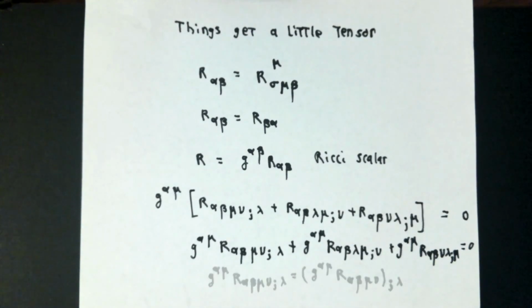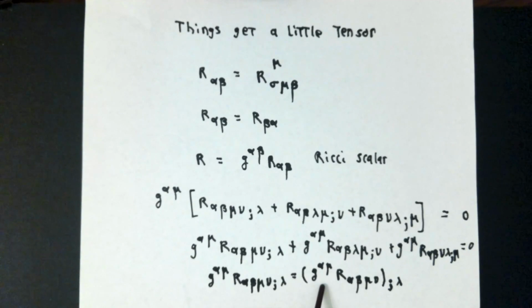but I haven't. Strictly speaking, this covariant derivative component should be G alpha mu times R alpha beta mu nu semicolon lambda plus R alpha beta mu nu times covariant derivative component number lambda of G alpha mu, but that last quantity is 0. So even though I should write out the product rule here, one of the terms is always going to be 0.